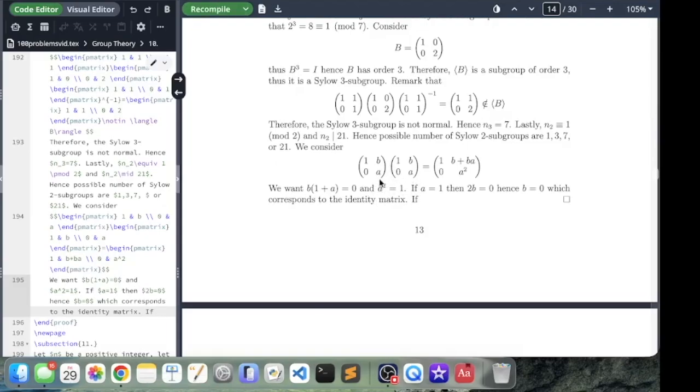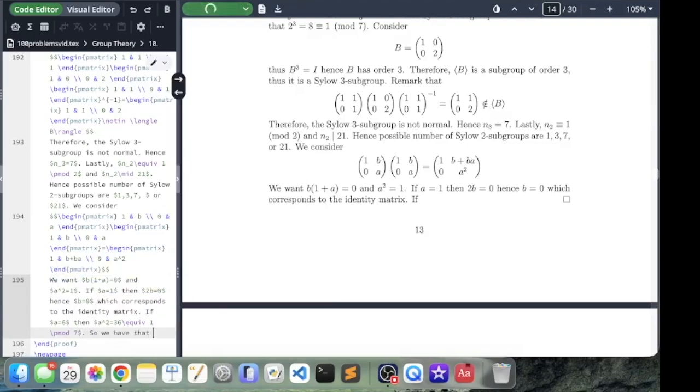Well, 2 wouldn't work because 4 is not 1. 3 would be 9, which is 2. 4 is 16, which is not 1. 5 is 25, which is 4. 6 is 36, which is congruent to 1 mod 7. So if A equals 6, then A squared is equal to 36, which is congruent to 1 mod 7.